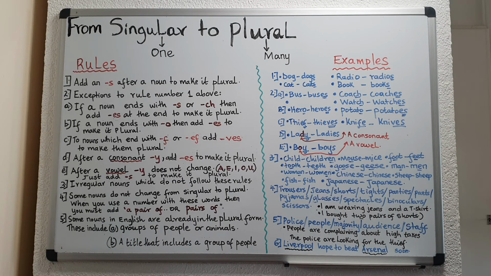Another one that does not change is sheep. I have bought one sheep. I have bought 20 sheep. That does not change. The next one is fish. Fish does not change. I have caught one fish. I have caught 20 fish.